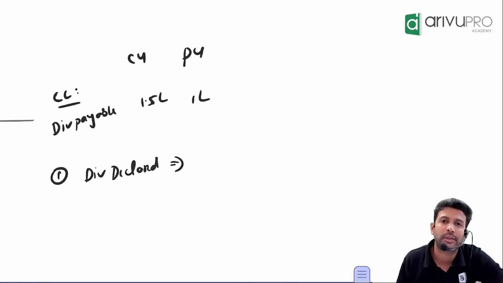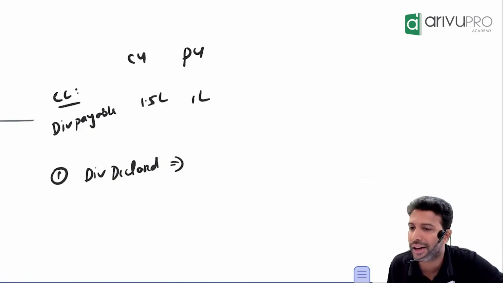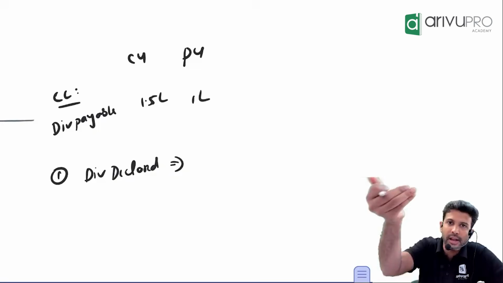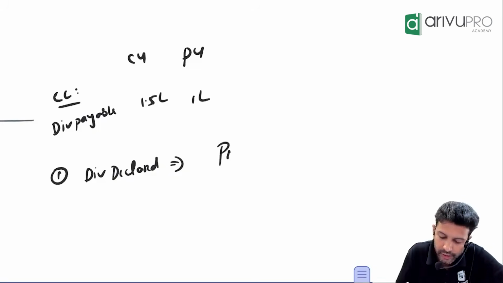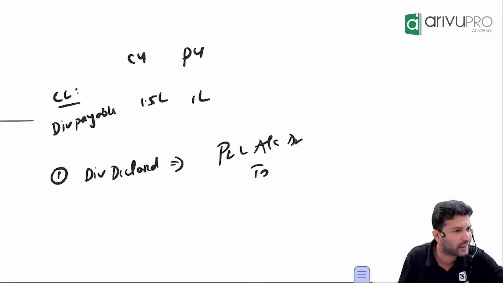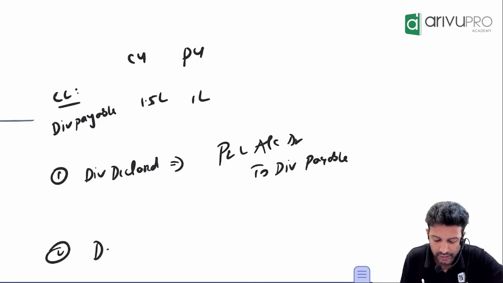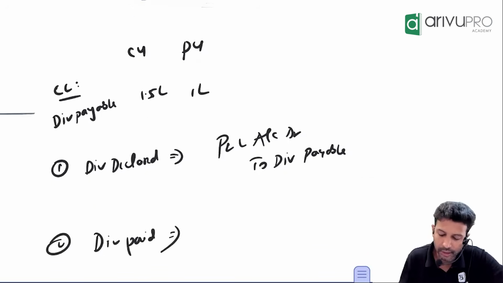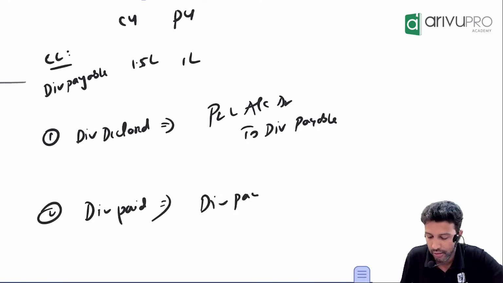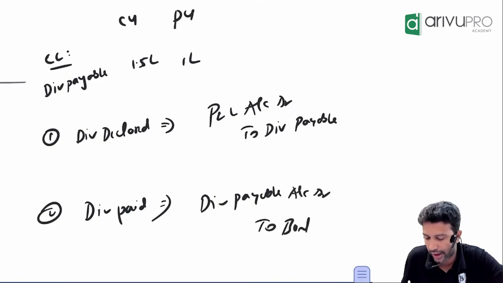P&L has profit, which means P&L has a credit balance. Due to dividend, the P&L balance is reducing. So what entry? P&L account debit to proposed dividend, final dividend, dividend payable, whatever name you want to give. Correct? This is the journal entry for dividend declared. When the dividend is paid or settled, what entry? Dividend payable account debit to bank.